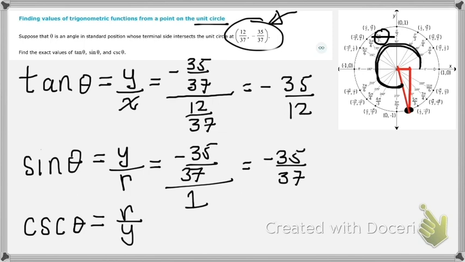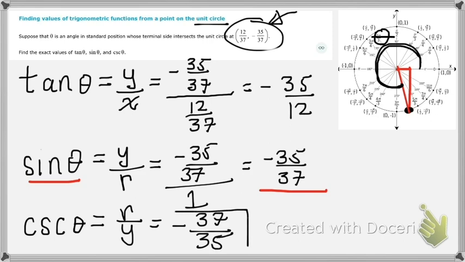So if I know the sine of theta is negative 35 over 37, and I know that the cosecant is the reciprocal of sine, can't I just say that cosecant theta is equal to negative 37 over 35, which is the reciprocal of sine? And I don't have to talk about r or y at all.